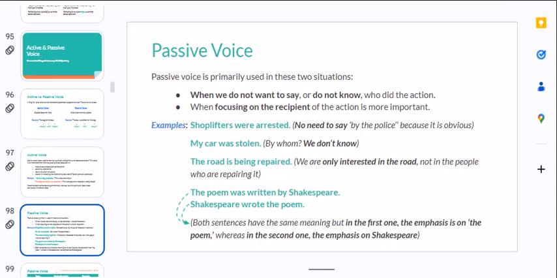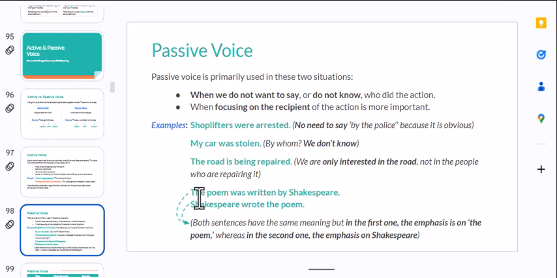And here is another example which I think is perfect for using the passive voice. Here we have two sentences, which mean exactly the same thing. The poem was written by Shakespeare.